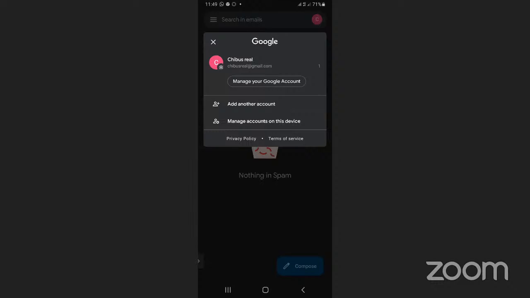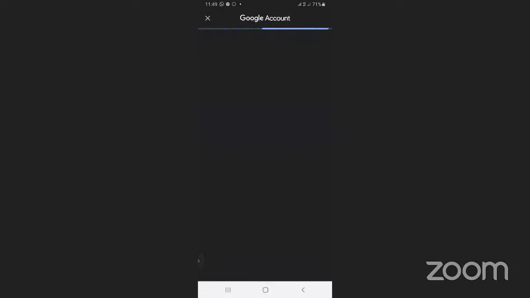Wait. keyboard3@gmail.com. That's the one. Oh yeah, click there. Let me see. Click on that keyboard3. Click on that keyboard3.